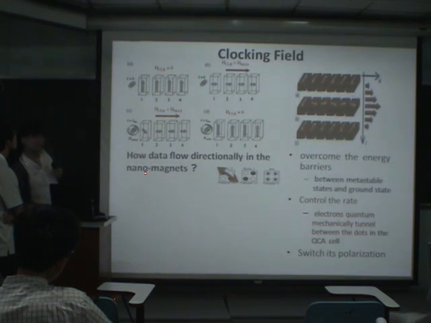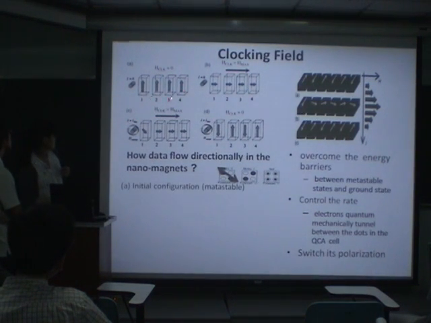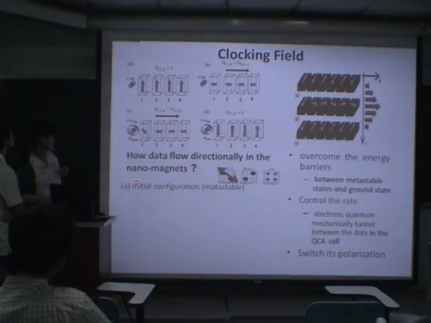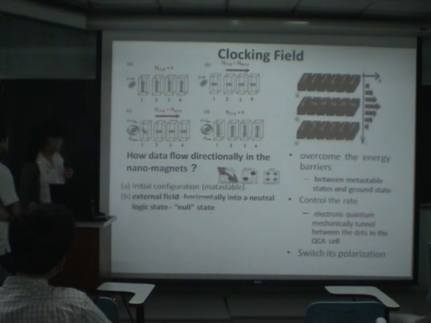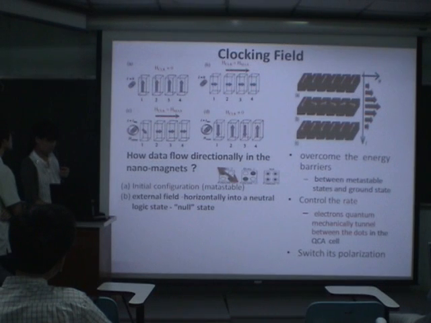Then we have the question of how data flows directionally in the narrow magnet. First, in this picture, we see that when the clocking field is 0, they are in their initial configuration, in their metastable state. And when we increase the external field, you can see the magnetization will turn horizontally into a neutral state, which we call the neutral state.